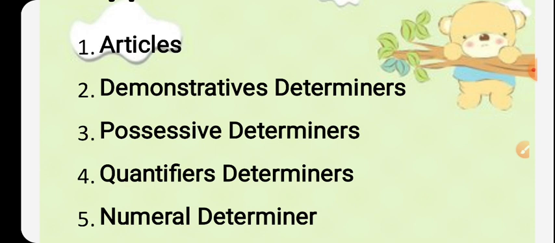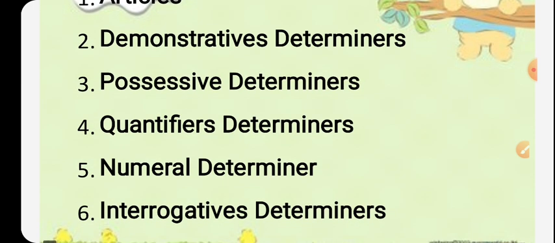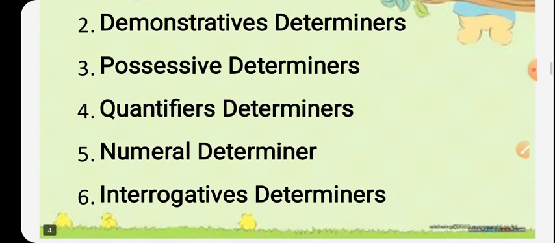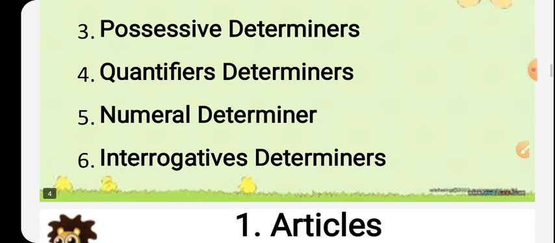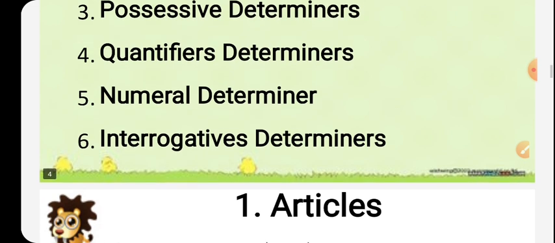Possessive determiners, which show the ownership, like my, mine, his, her. Quantifier determiners, which tell us about the quantity, like few, some, many. Then we have numeral determiners, which tell us about the number, like 2, 3, 4, 5.